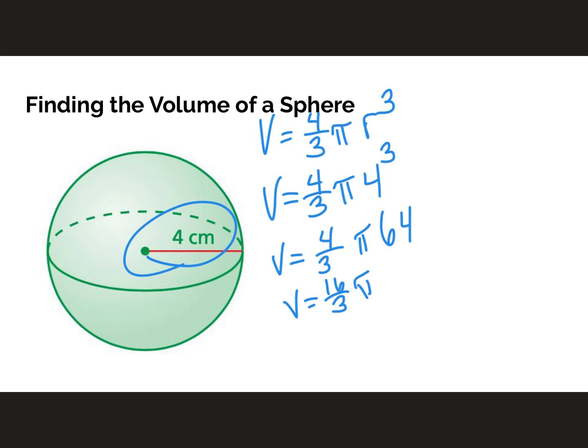So if we put that into our calculator, we get 3.14 times 16 divided by 3 gives us a volume of approximately 16.75 cubic centimeters. Okay? Ooh, that was a very ugly circle.